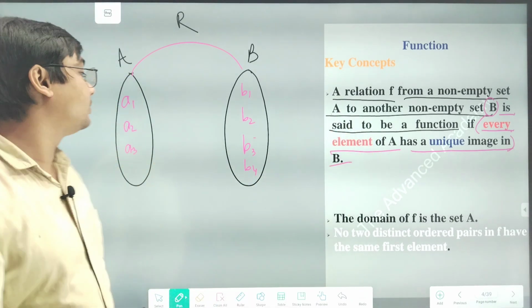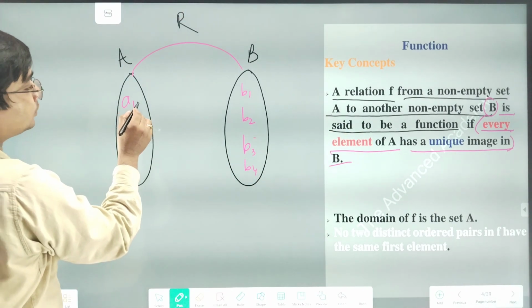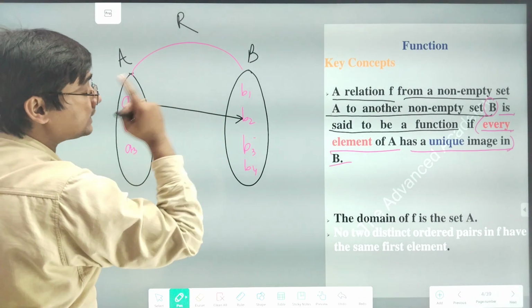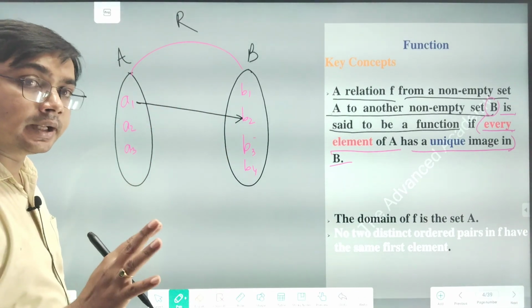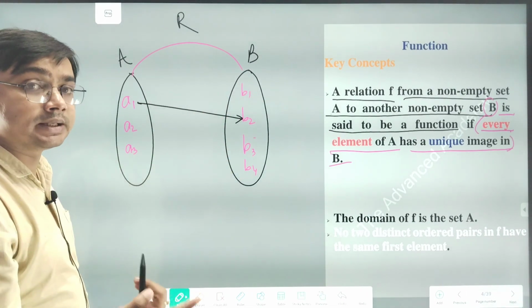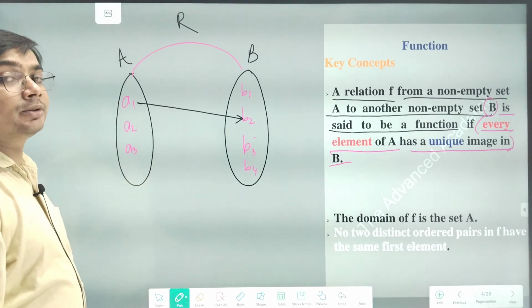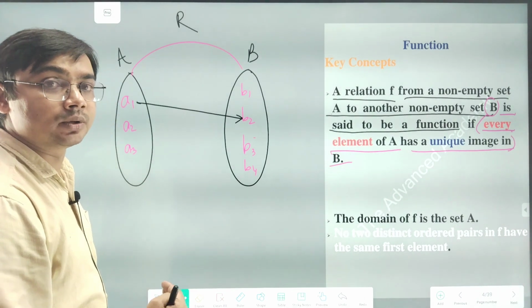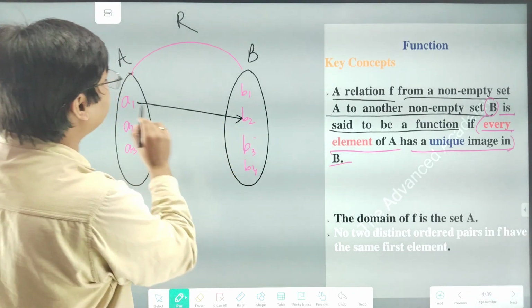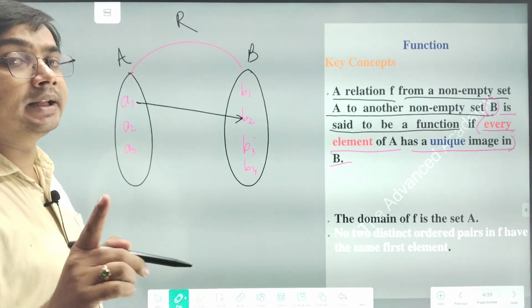Suppose we connect A1 to B2, then A1 cannot be connected to anything else, because otherwise more than one image will be there. That means if A1 is related to B2, then A1 will have no other connection.